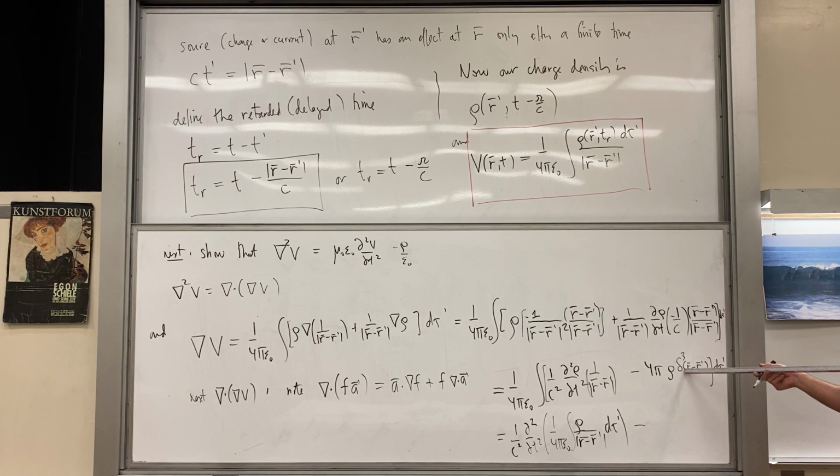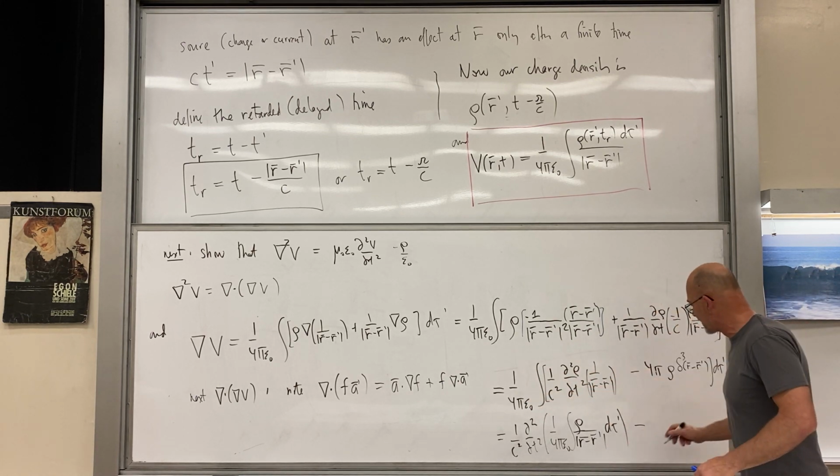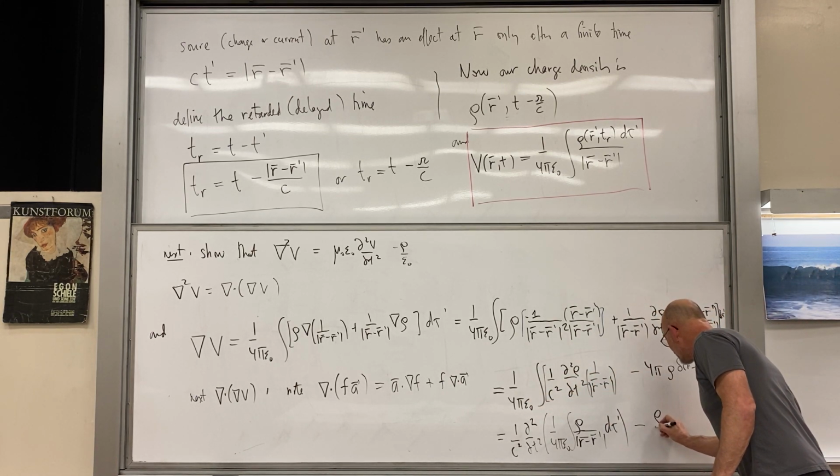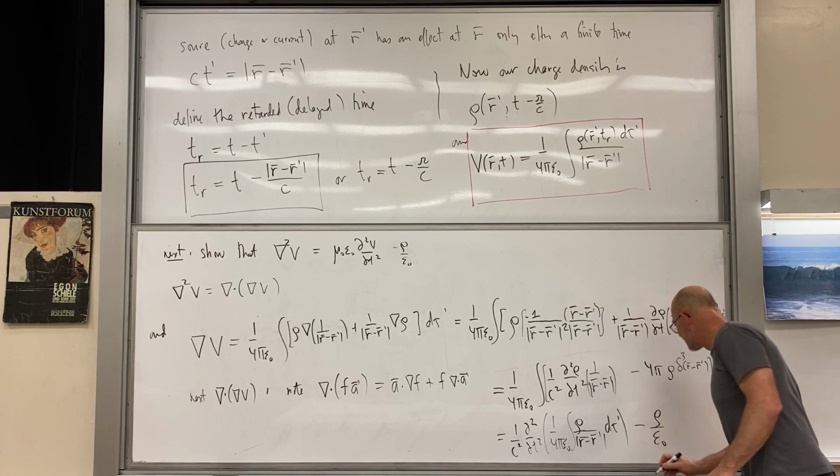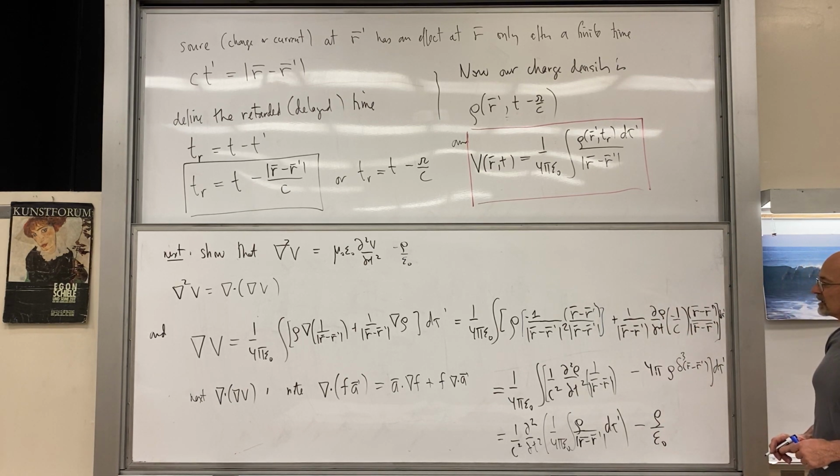So 4 pi rho of r. Yes. And that's going to cancel the 1 over 4 pi, so that's going to give us the rho over epsilon naught.